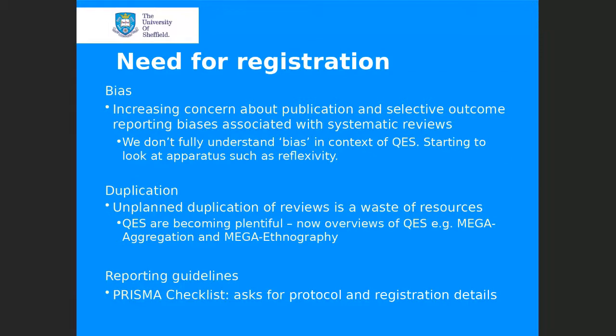We are also seeing QES becoming much more plentiful, and so increasingly we're seeing overviews of qualitative syntheses, and if qualitative syntheses are currently in progress, then we certainly don't want to risk duplicating them. And finally, the need for registration is determined by the fact that when we want to publish, we will have to be able to submit details of the protocol and how it's been registered.